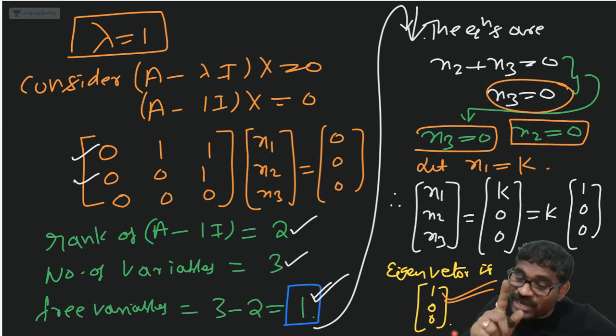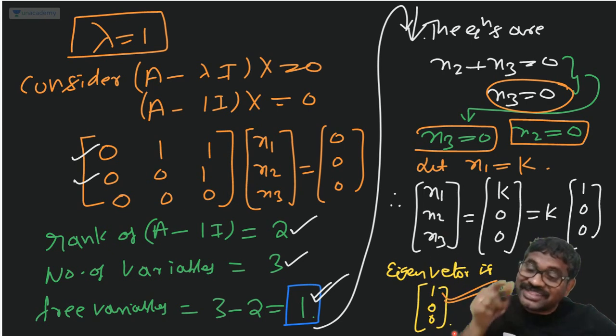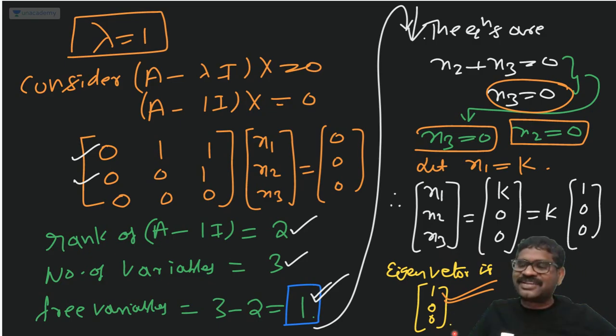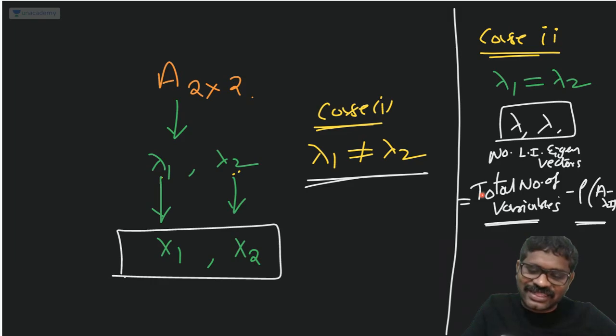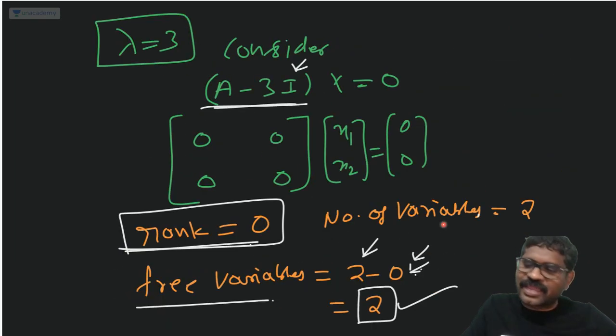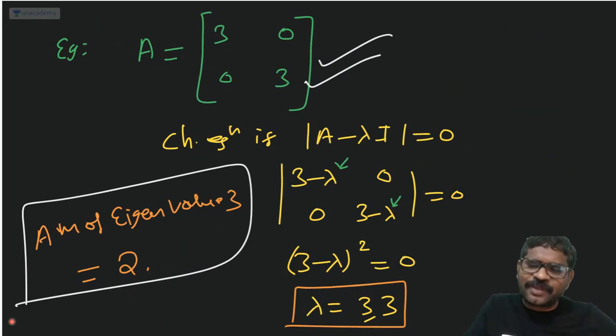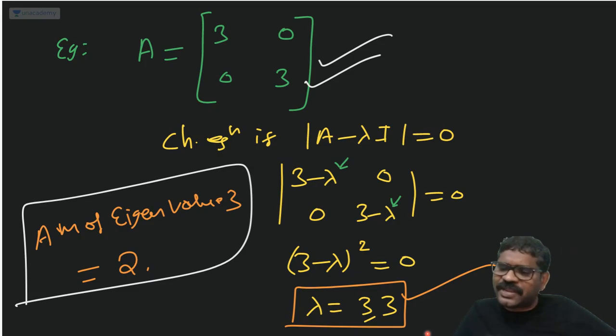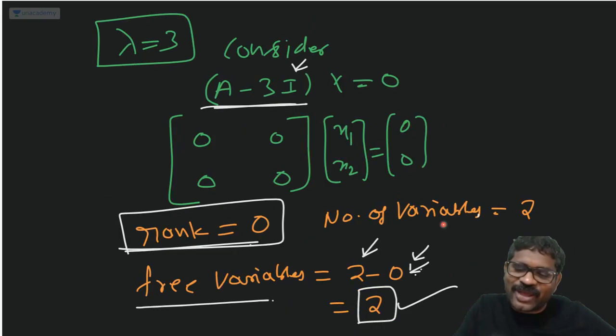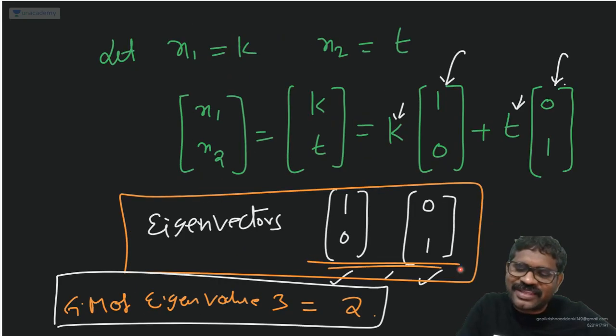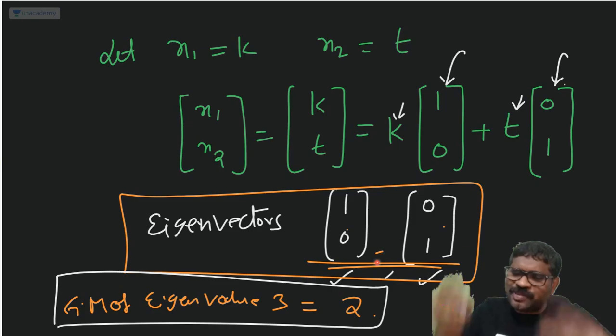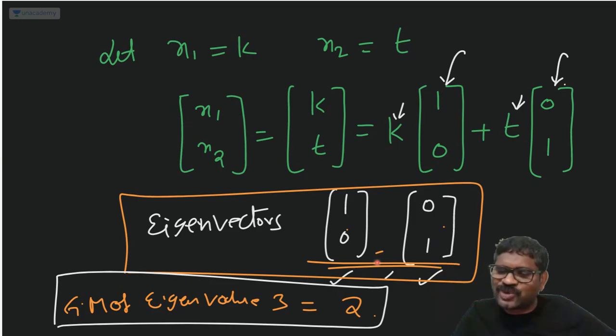One and only one independent, the remaining are dependent. That's why the overall set is dependent. That is the logic. In the case of repeated eigenvalues 3 comma 3, you have two independent. If you arrange 1 0 0 1 in a matrix, the determinant value is non-zero.